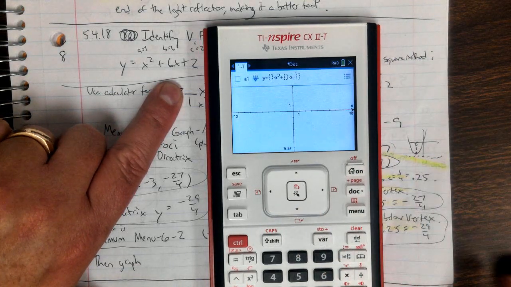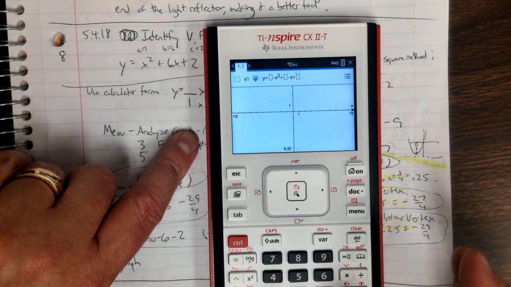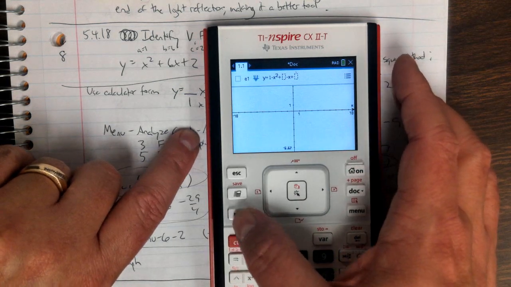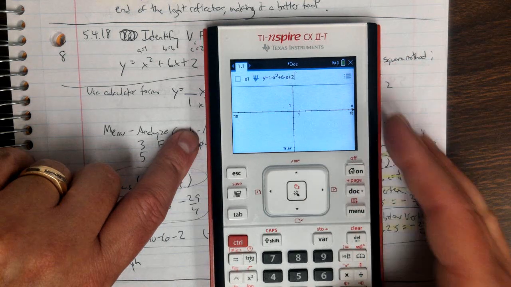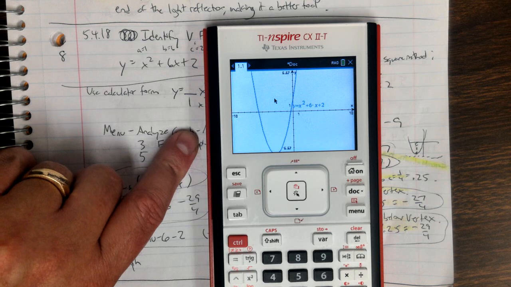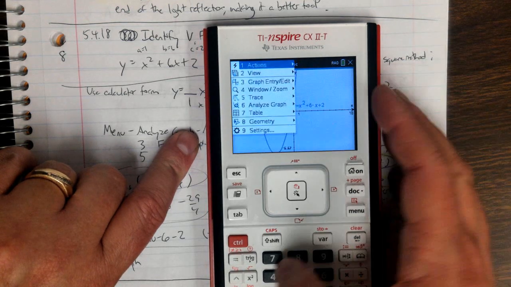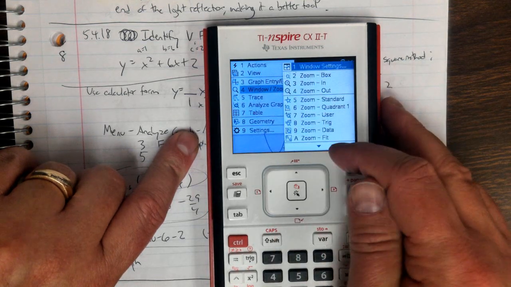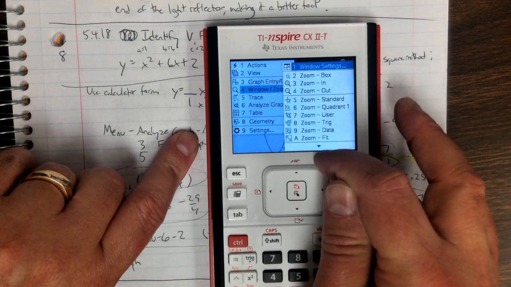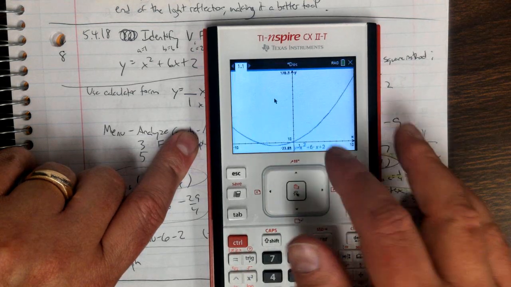That's how you pick which one, and that's when you put in your 1 if there's nothing in front, tab 6, tab 2. So it looks like that. Okay, and I'll go ahead and do zoom fit, which is menu 4A. Menu 4 for window, A for zoom fit. So that looks like that.